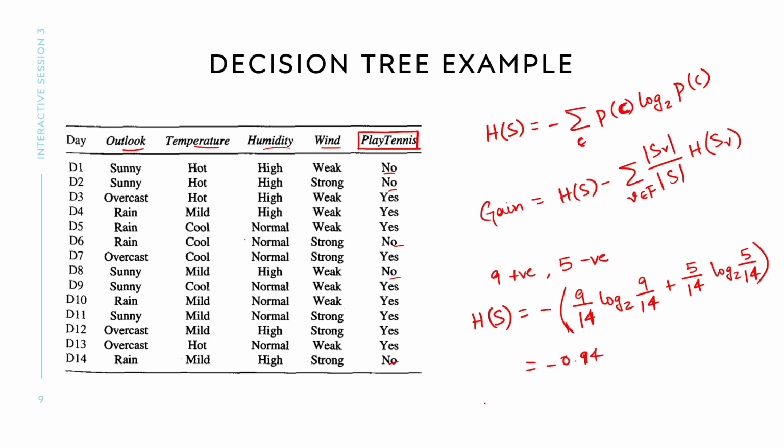Gain has to be calculated for each of the features, right? So if you calculate it for outlook, how it will work is I have my H(S), but I don't have H(S_v).